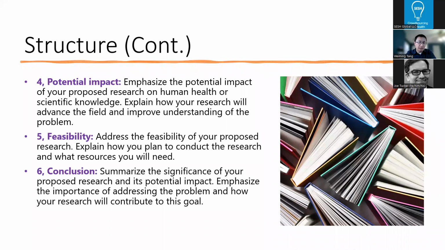So for this part, we usually put it into a different part of the grant. Sometimes we put it at the end of the grant proposal, but sometimes you can put it at the end of the significance section to emphasize the significance of your proposed research and its potential benefits and impact.